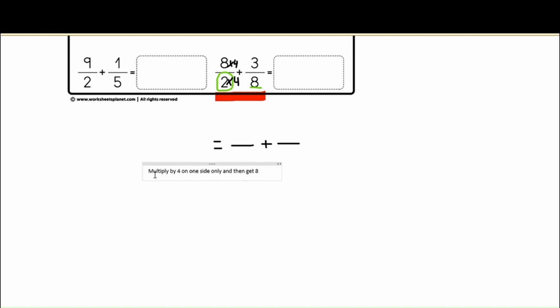Multiply by 4 on one side only, and then get 8 as a denominator.